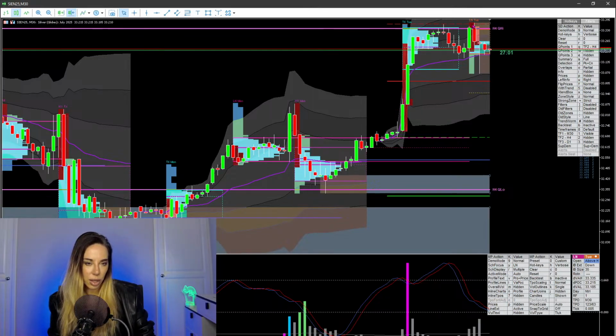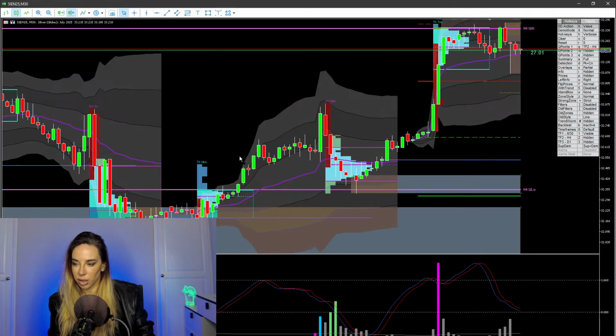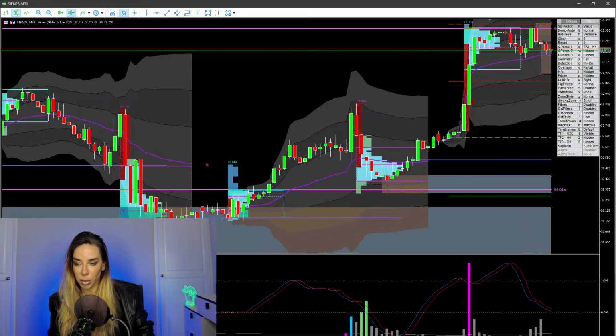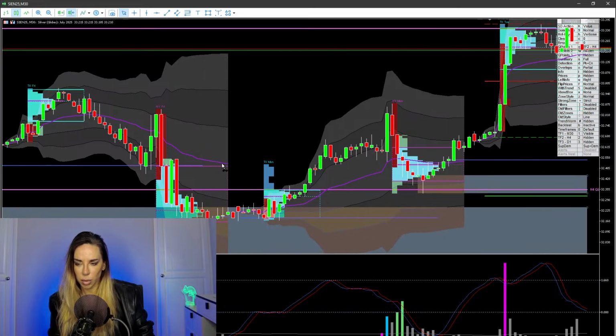Right, we've hit the ADR on silver already. But yeah, looking at some of the developments here, London, I mean, look at this. I don't think London is the session for silver. It looks like it mainly moves during Asia. It's probably why I don't like it.